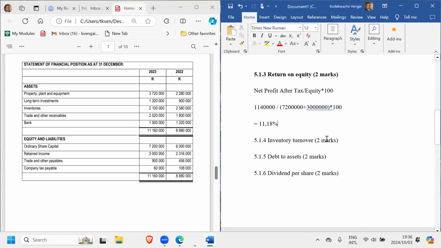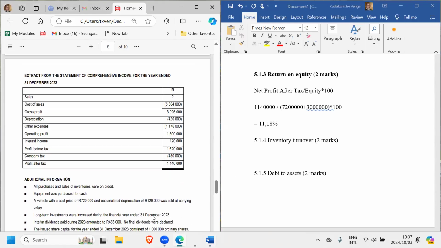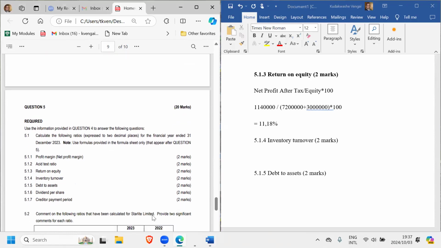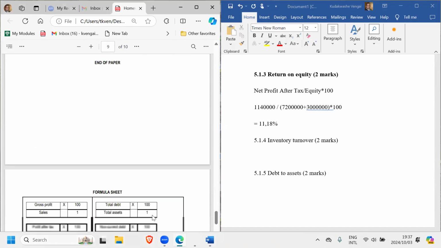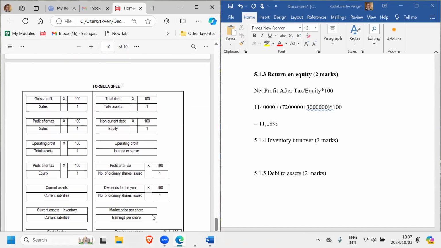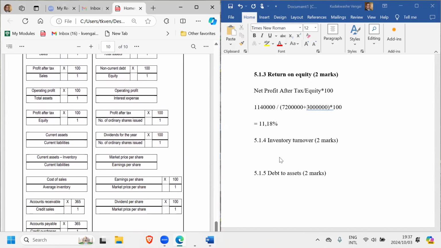All right. So next one, we've got the inventory turnover ratio. This is an efficiency ratio. Okay, formula sheet. Inventory turnover is going to be cost of sales divided by average inventory.